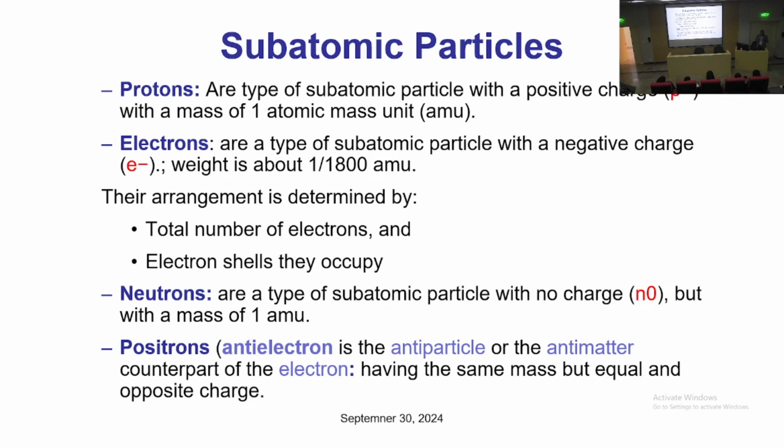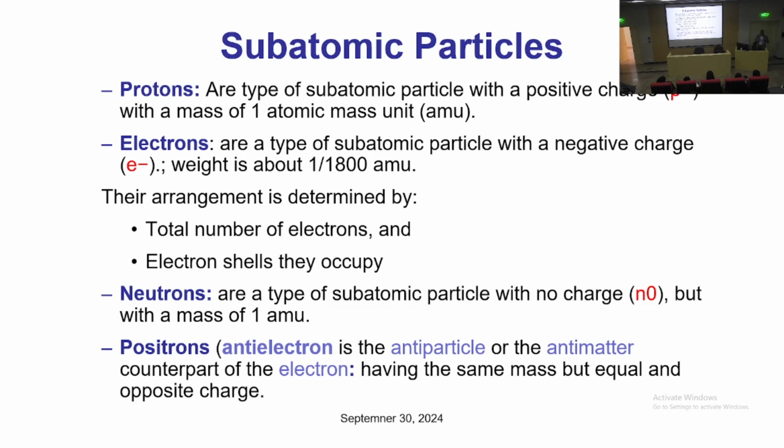But the protons are constantly found within the nucleus, and that's why the atomic number of each atom depends on the number of protons found within the nucleus. The weight of the electrons is far smaller than the protons. As we said, for the protons it is 1 atomic mass unit, but here the weight is about 1 over 1800, so it is very small compared to the proton.